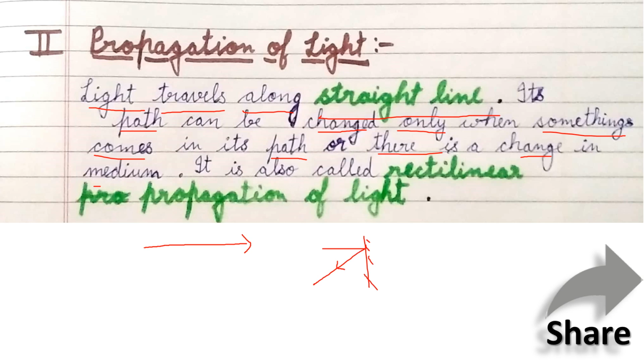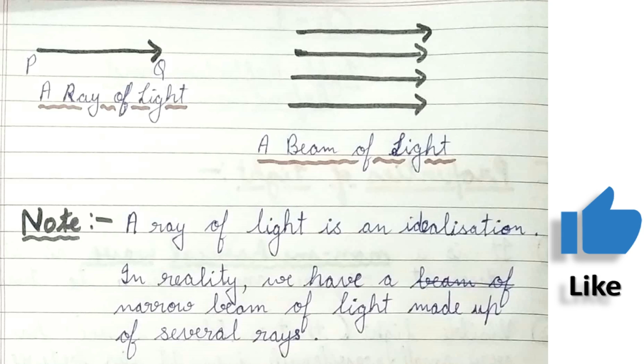If the light is coming at an angle, it will reflect at an angle, and if the light is coming perpendicular to the object, it will retrace its path. This we will study in detail in the reflection of light topic. This kind of propagation is also called the rectilinear propagation of light.